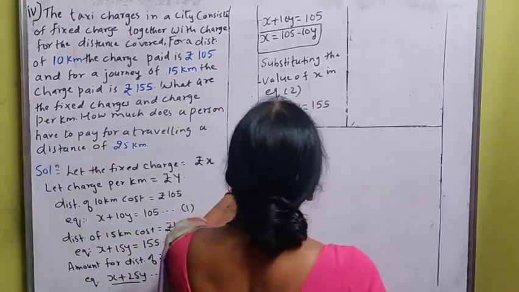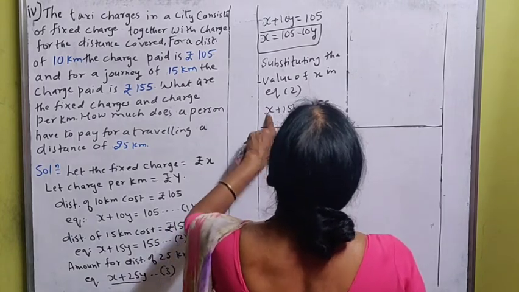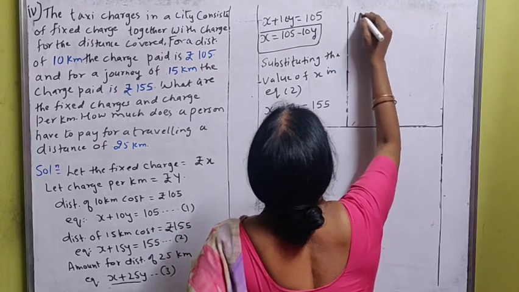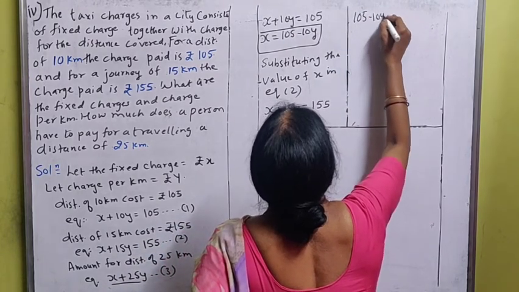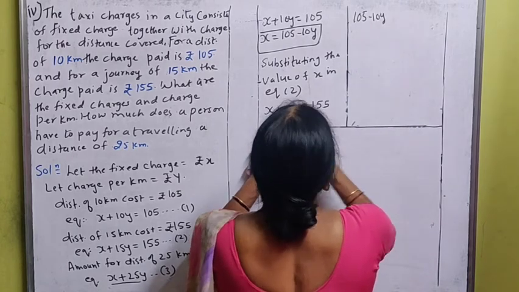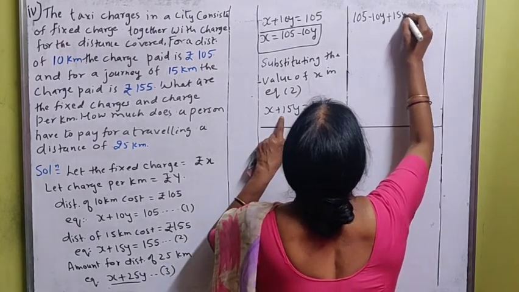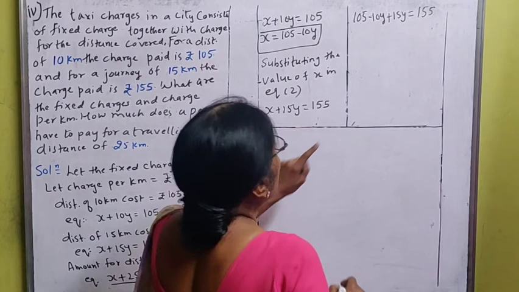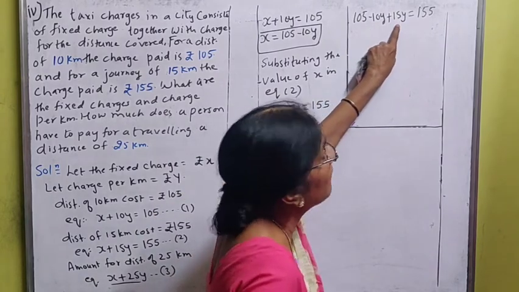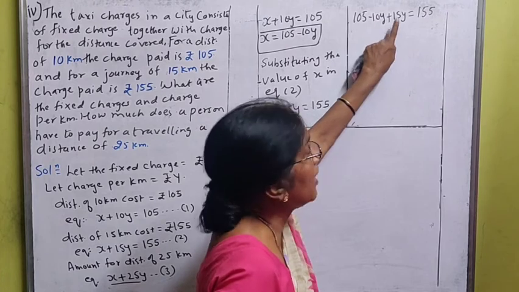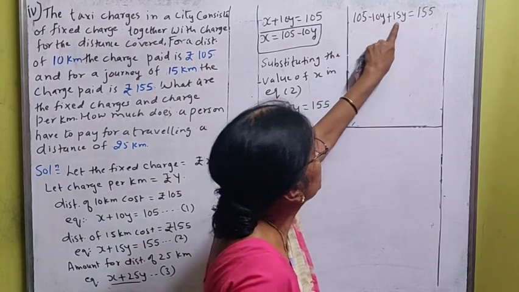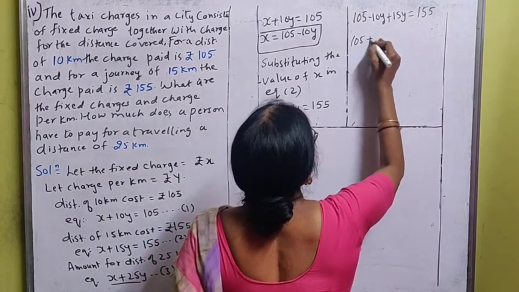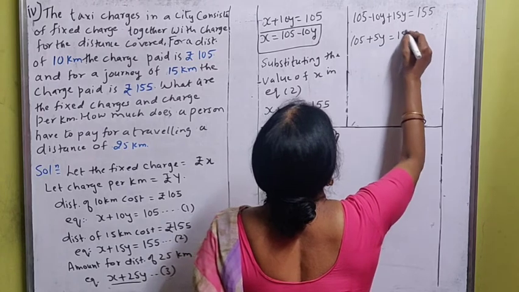X value is 105 minus 10Y, so I substitute that here. 105 minus 10Y plus 15Y remains as it is, equal to 155. Now minus 10Y plus 15Y: one is a positive number, one is a negative number, and the positive number is greater. So 15 minus 10 gives 5Y. So 105 plus 5Y is equal to 155.